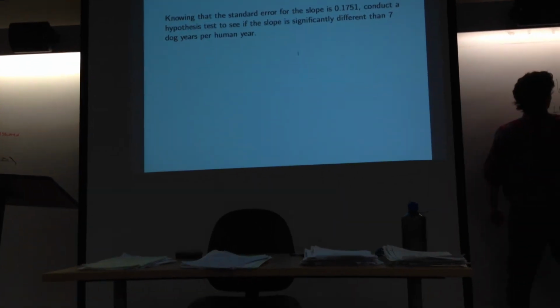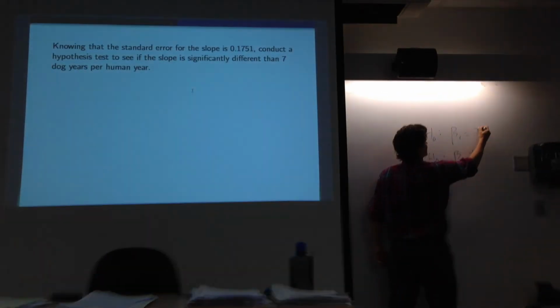Yeah, that beta 1 is equal to 0, right? And our alternative is that beta 1 is not equal to 0, right? Except what are we asking here? Yeah, is this different than 7, right? So here we're replacing 0 with 7.